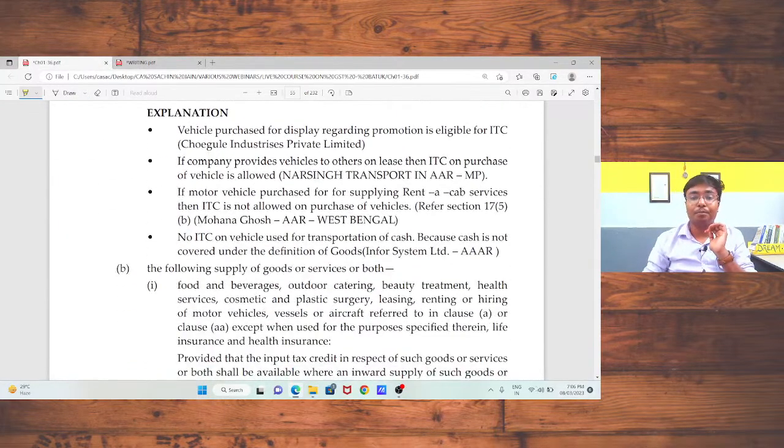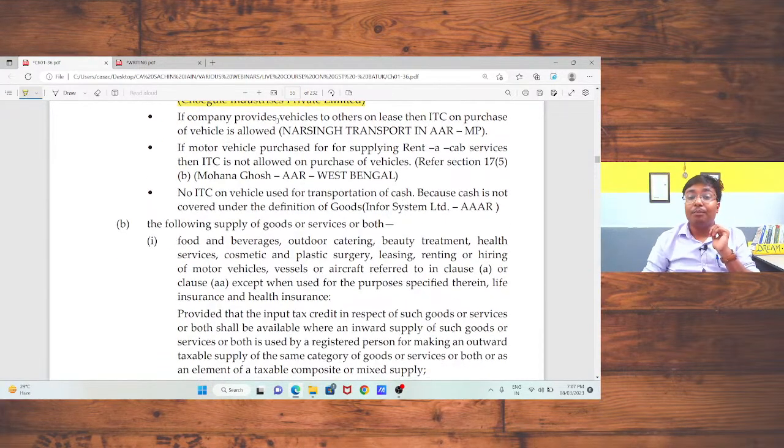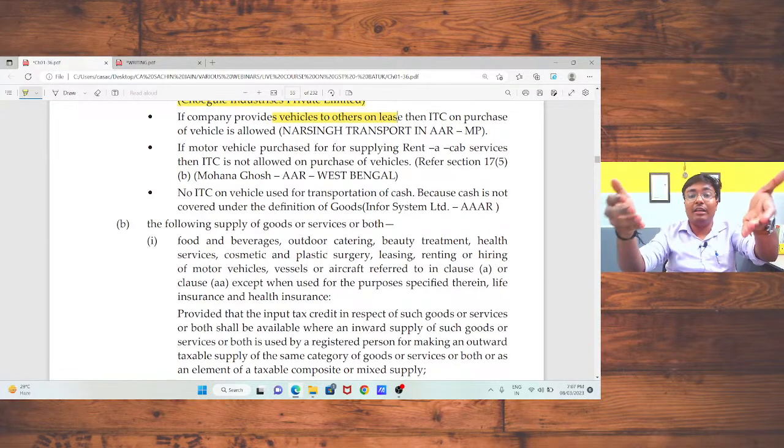Okay sir. Now explanation: if I bought a vehicle, I am an agent and I have an agency on behalf of which I am going to sell the vehicles. In that case, if I bought certain vehicles for display purposes, that input tax credit shall be allowed. Next, if a company provides vehicles to others on lease, I am doing the business of providing vehicles on lease to others.